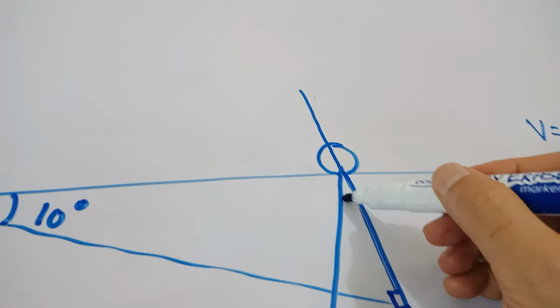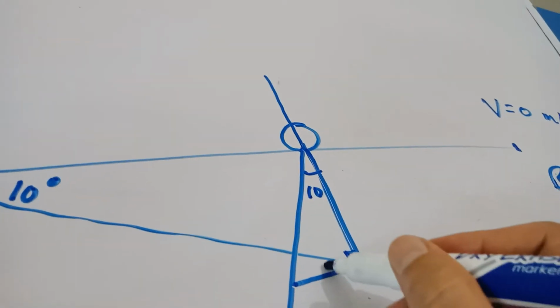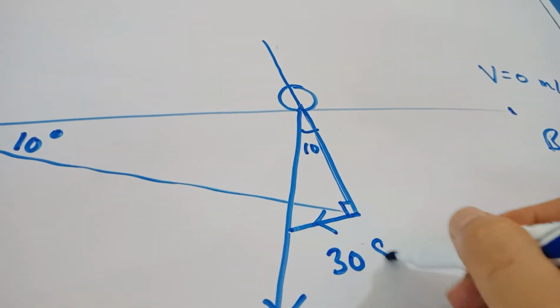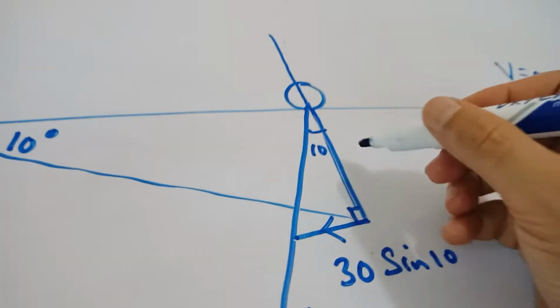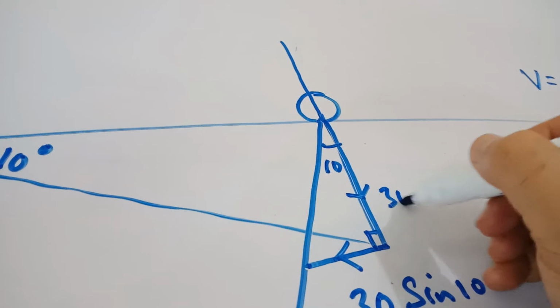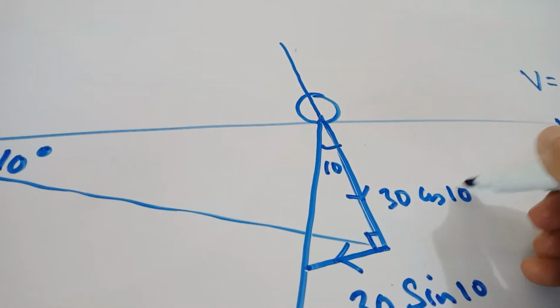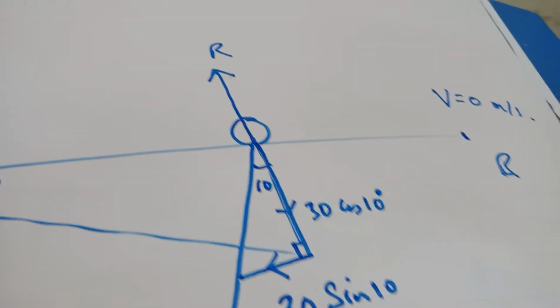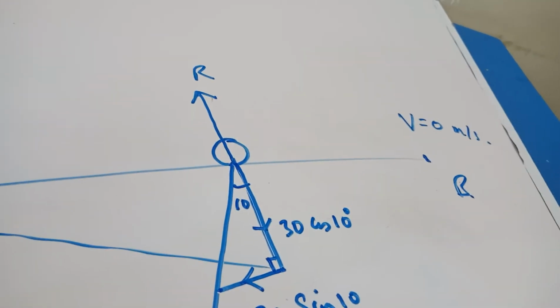This angle is 10, so this component of the weight is going to be 30 sine 10. This component is going to be 30 cos 10. This is used to determine the value of R, which is not required right now. That will be required in the next chapter.